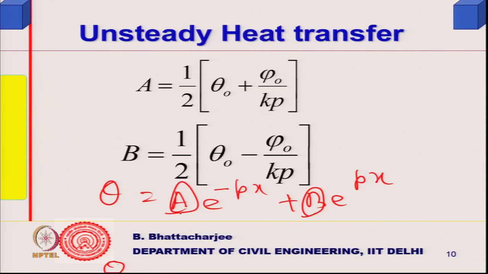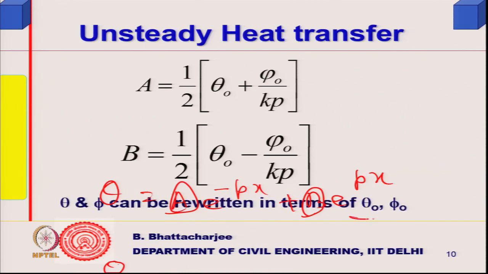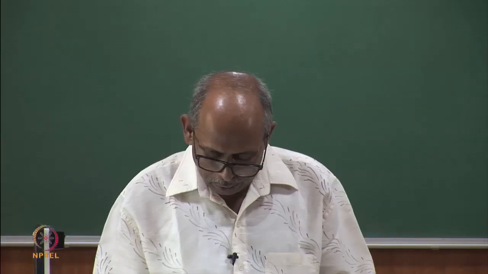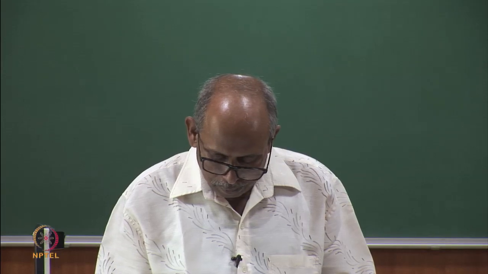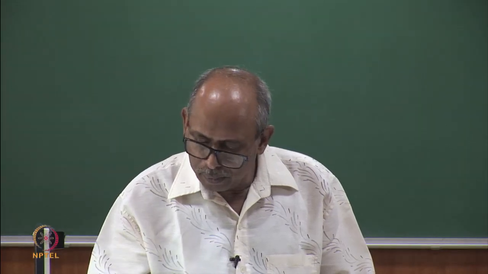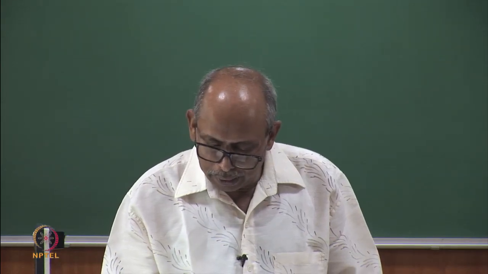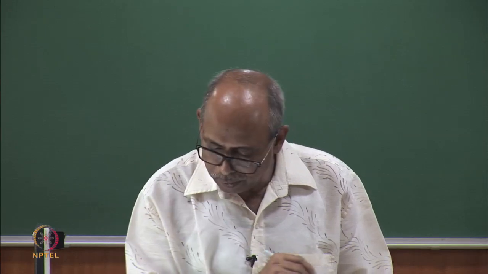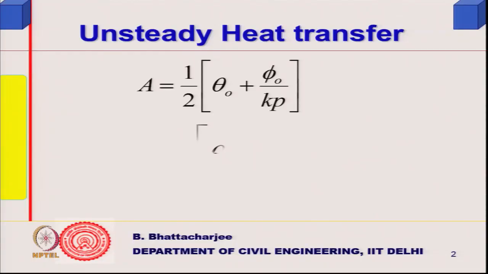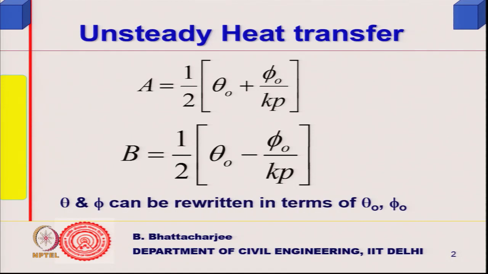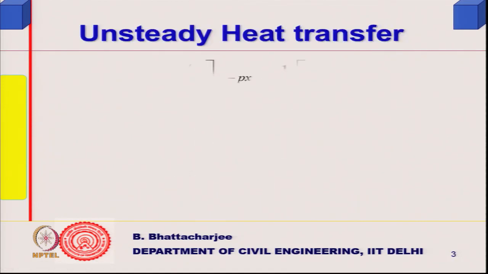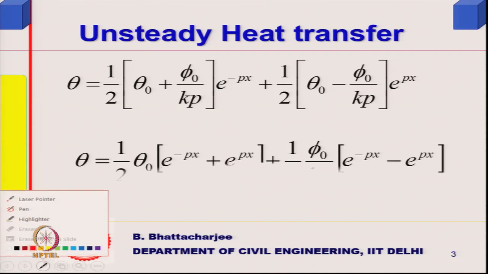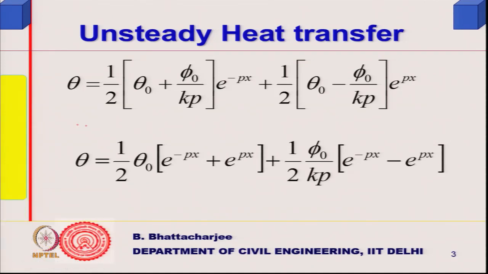Let's do that. If I do that, theta can be rewritten in terms of theta 0, phi 0. So A and B are like this, and I can write theta and phi in terms of them.